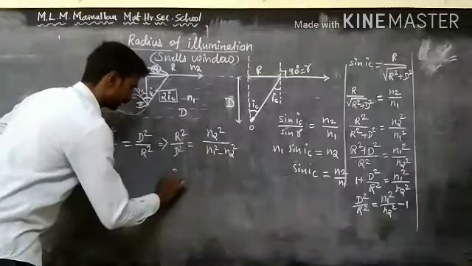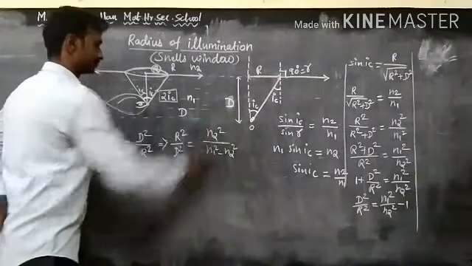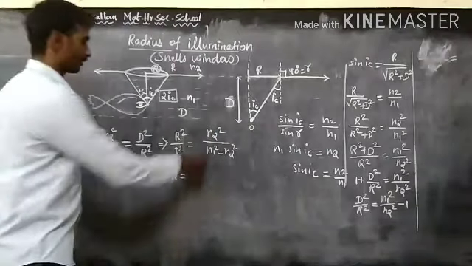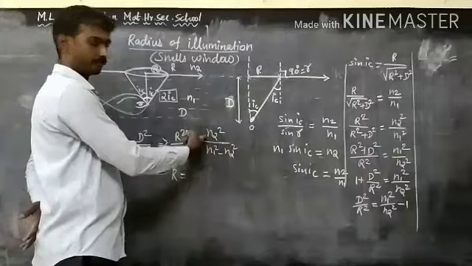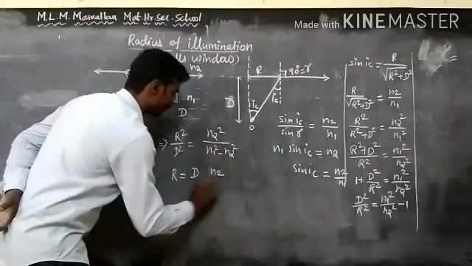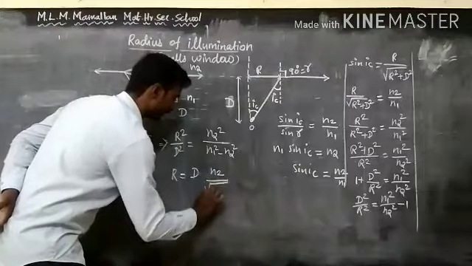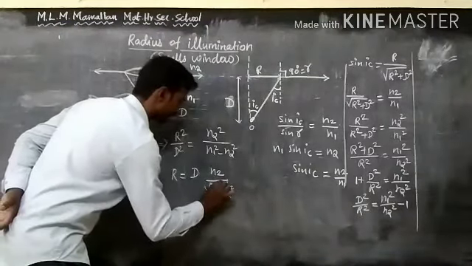From this equation, R is equal to square root of N2 square, here square root of N2 square is N2. So D N2 divided by square root of N1 square minus N2 square.